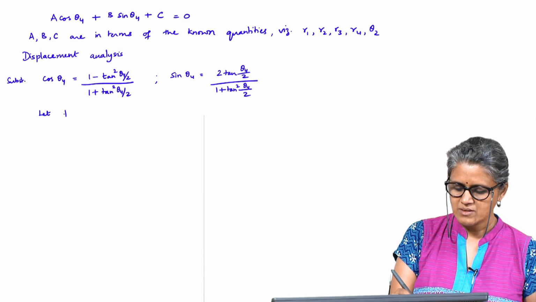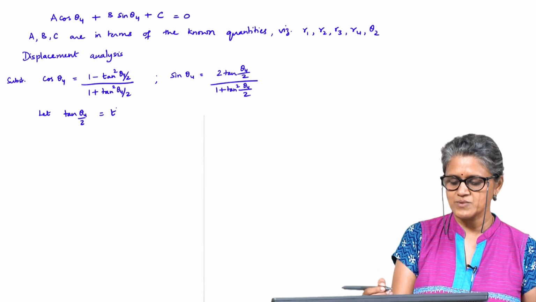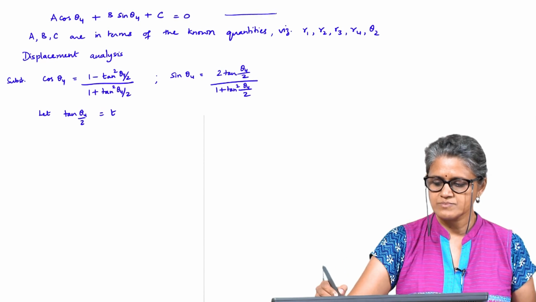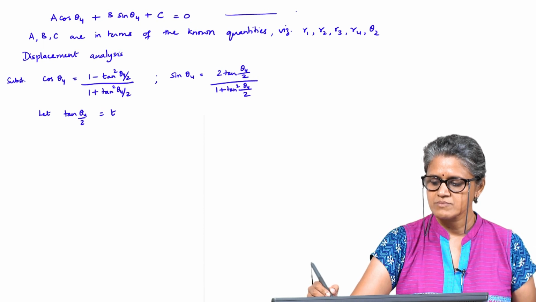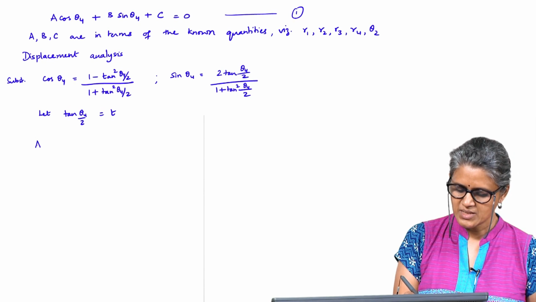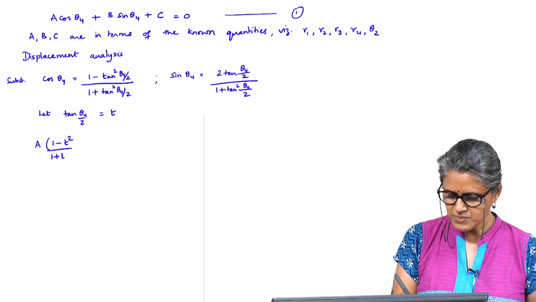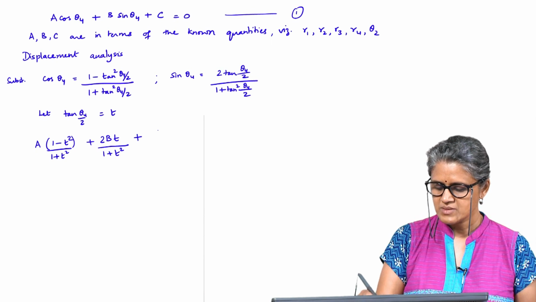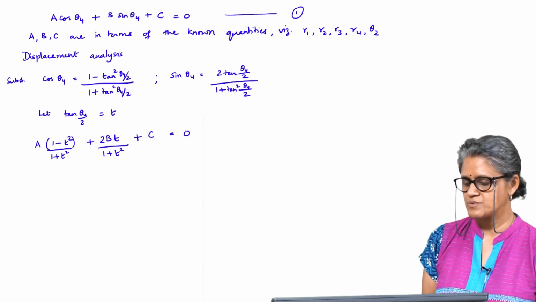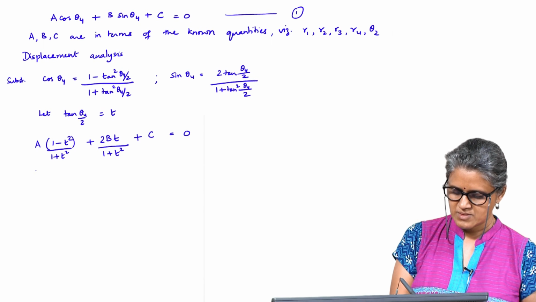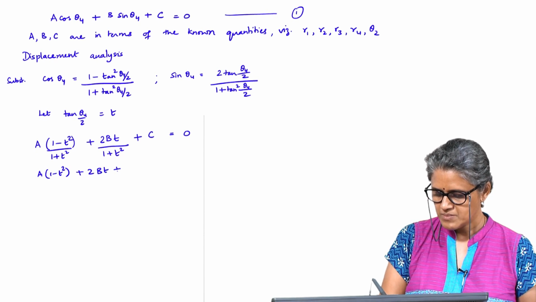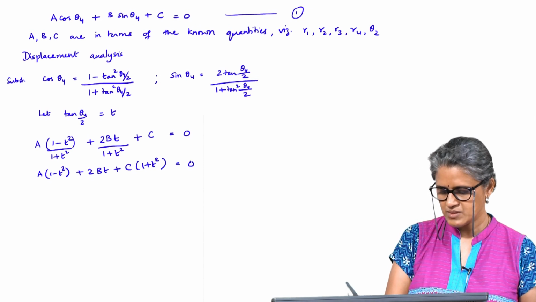To make my life easier, let me say this tan theta 4 by 2 is equal to T. If I substitute back into this equation, I get A into 1 minus T square by 1 plus T square plus B into 2T by 1 plus T square plus C equal to 0, which becomes A into 1 minus T square plus 2BT plus C into 1 plus T square equal to 0.